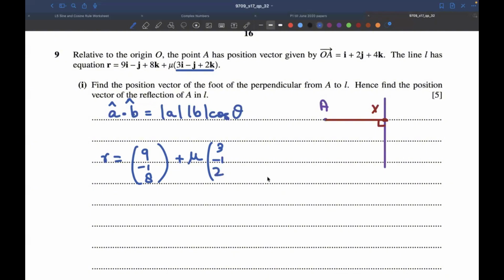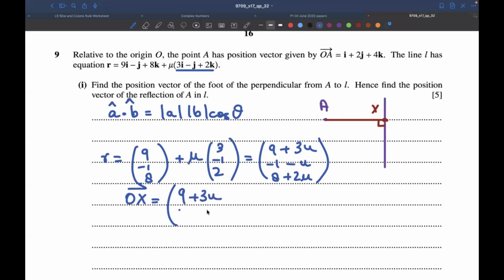We can write it as 9 plus 3 mu, minus 1 minus mu, and 8 plus 2 mu. Now, every single point on this line will have this coordinate, but with a different value of mu. For X, we don't know the mu value, but we can just take our coordinate of X as, so the OX coordinate will be 9 plus 3 mu, minus 1 minus mu, and 8 plus 2 mu.